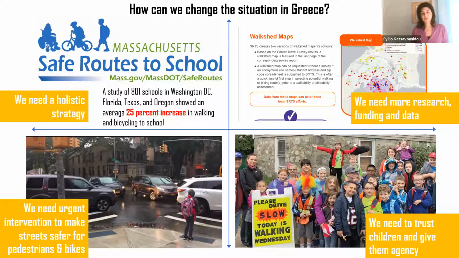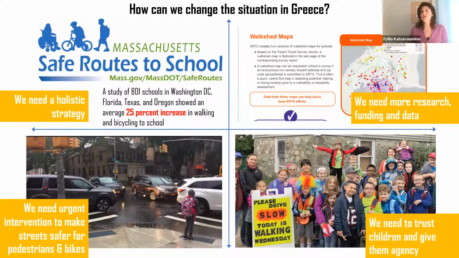We have to make urgent interventions in the cities to make streets safer for everybody, for all pedestrians, including children. I'm talking about enforcing very strict rules about careless driving, violation of pedestrians' right of way, and so on, and clearing the sidewalks from illegal parking.